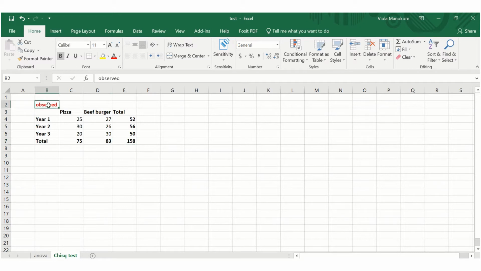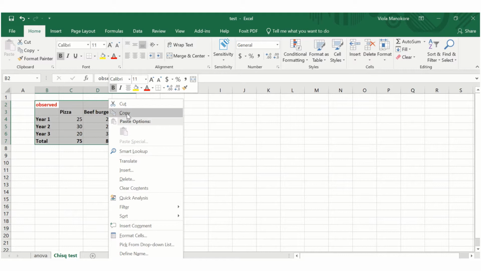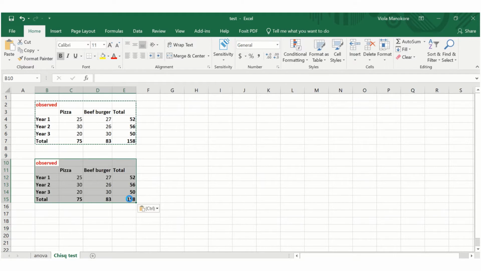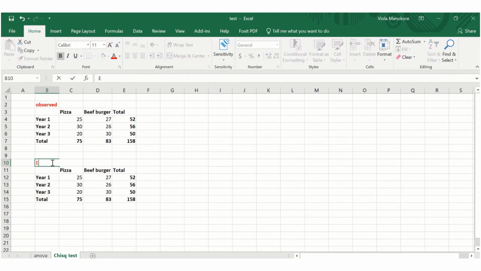158. So the first thing I do is to copy my observed values and paste them somewhere here, so that this is the space where I will create my expected values.